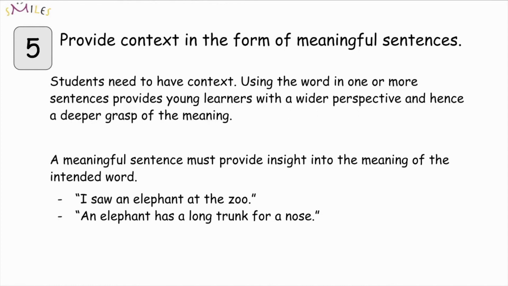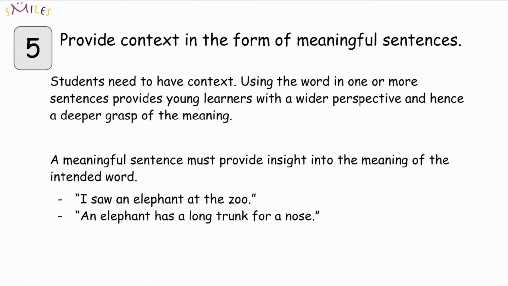Let's say, for example, the word elephant. Assuming the child has never seen an elephant, the first sentence, "I saw an elephant at the zoo," is less helpful in demonstrating the meaning of what an elephant is, as compared to the second sentence, "An elephant has a long trunk for a nose."